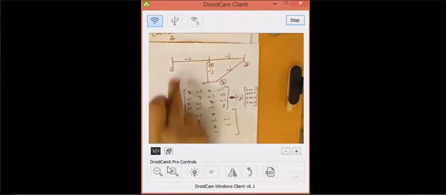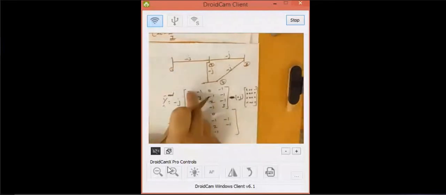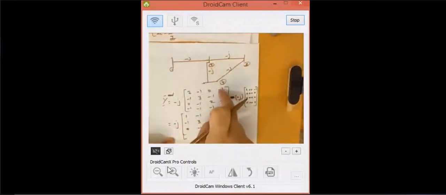So the line that I removed between 1 and 4 is going to affect 1 1, 1 4, 4 1 and 4 4. The rest will stay exactly the same.